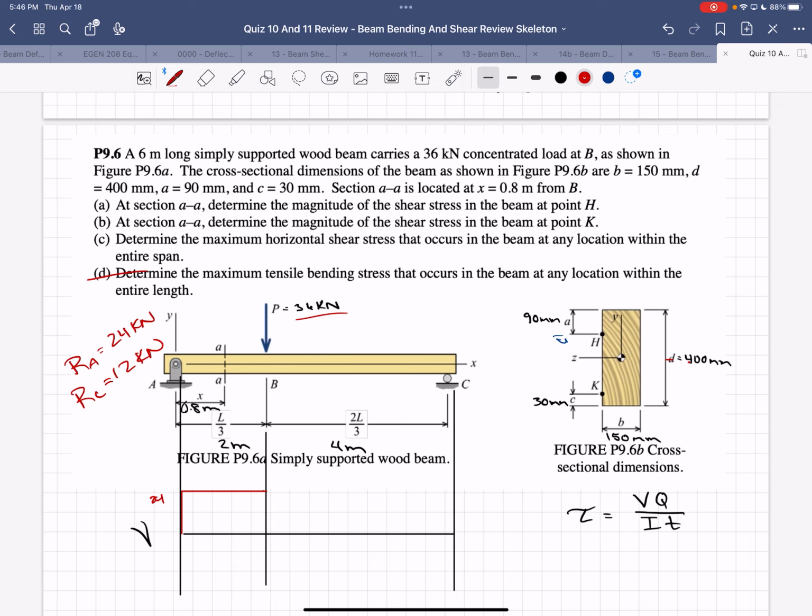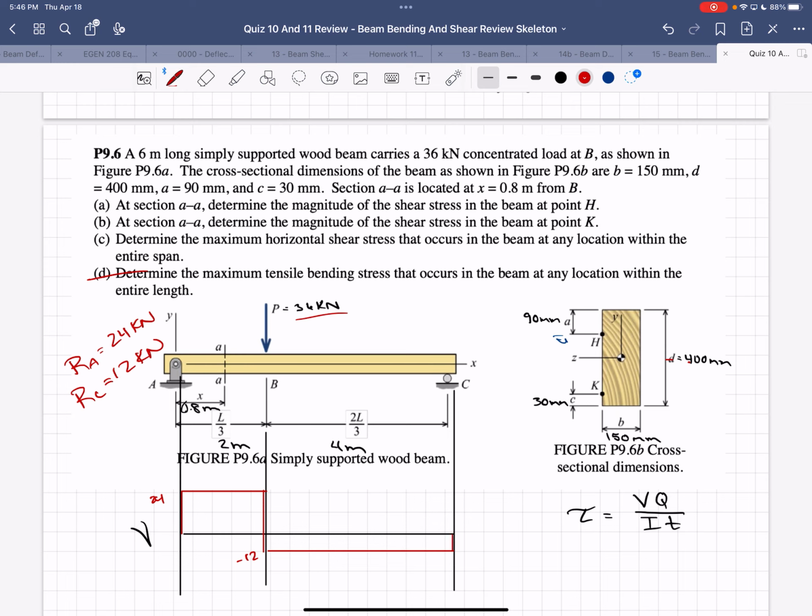It goes down by 36. And then it does nothing. Oh, I messed this up. It doesn't go down to 36, it goes down by 36, right? So we're at negative 12. And then it does nothing until it bounces back up to 0.